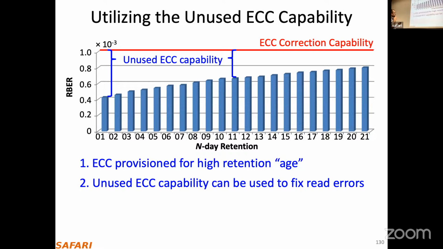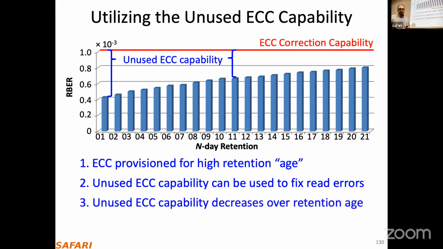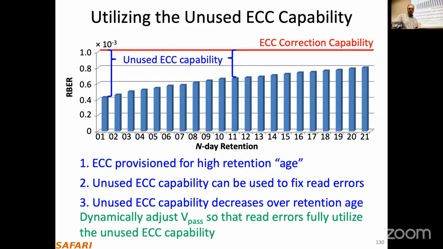So basically, ECC is provisioned for high retention age, and unused ECC capability can be used to fix read errors. And the unused ECC capability decreases over retention age. And then we can dynamically adjust VPass, right? So when your device is aged, you cannot reduce your VPass a lot, because then you will cause a lot of errors.